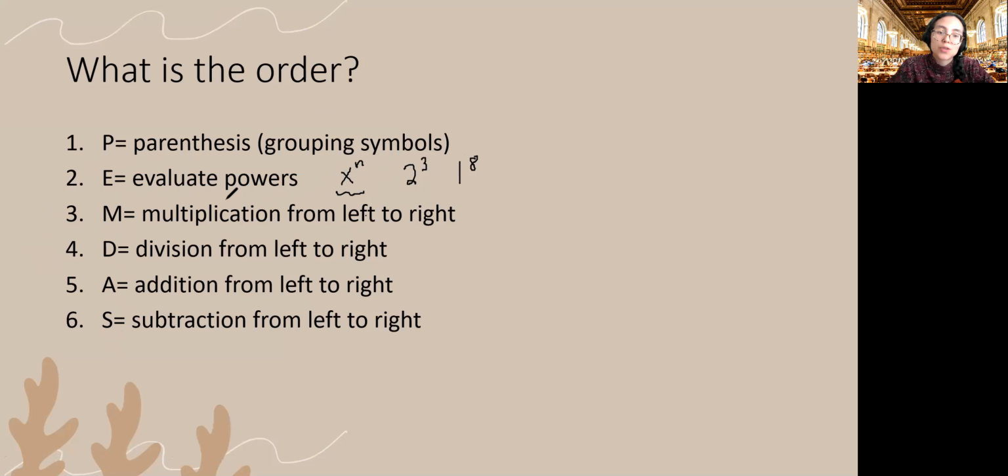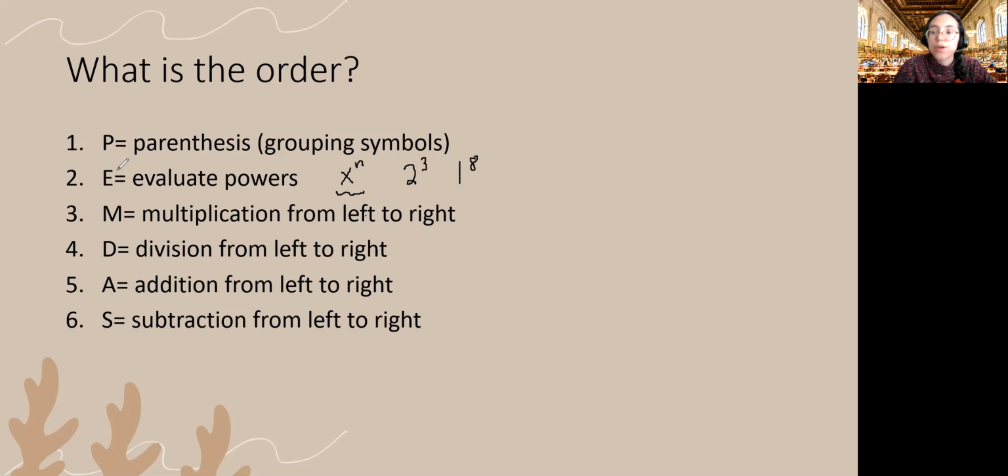Multiplication. So we're going to do multiplication from left to right. Division has the same priority as multiplication, but if we have both, we will go from left to right. And addition is next, subtraction. Addition and subtraction have the same priority, but addition and subtraction have a lower priority than multiplication and division.